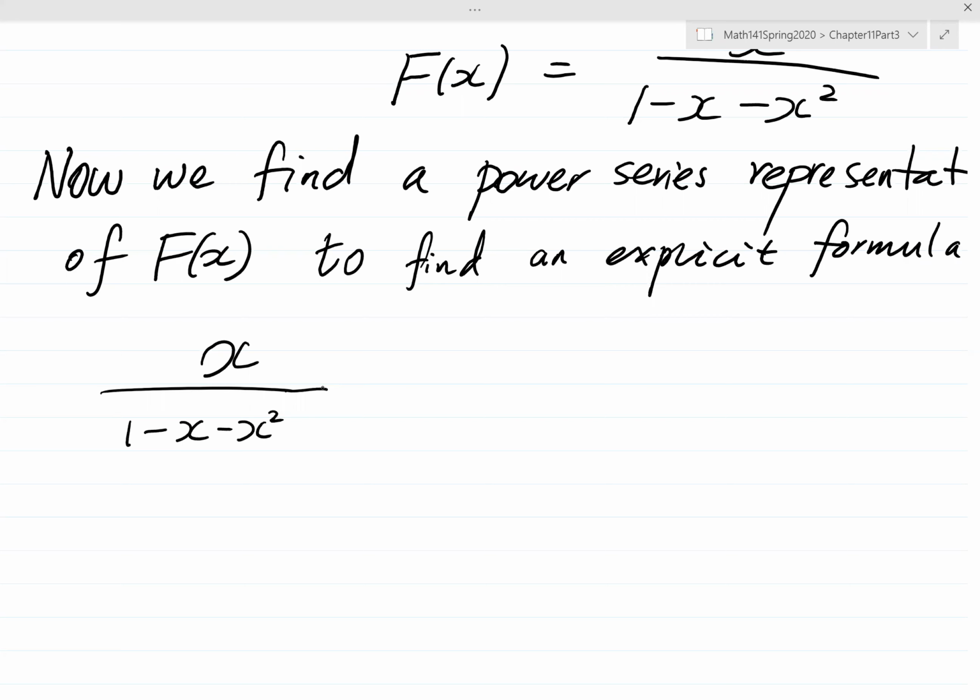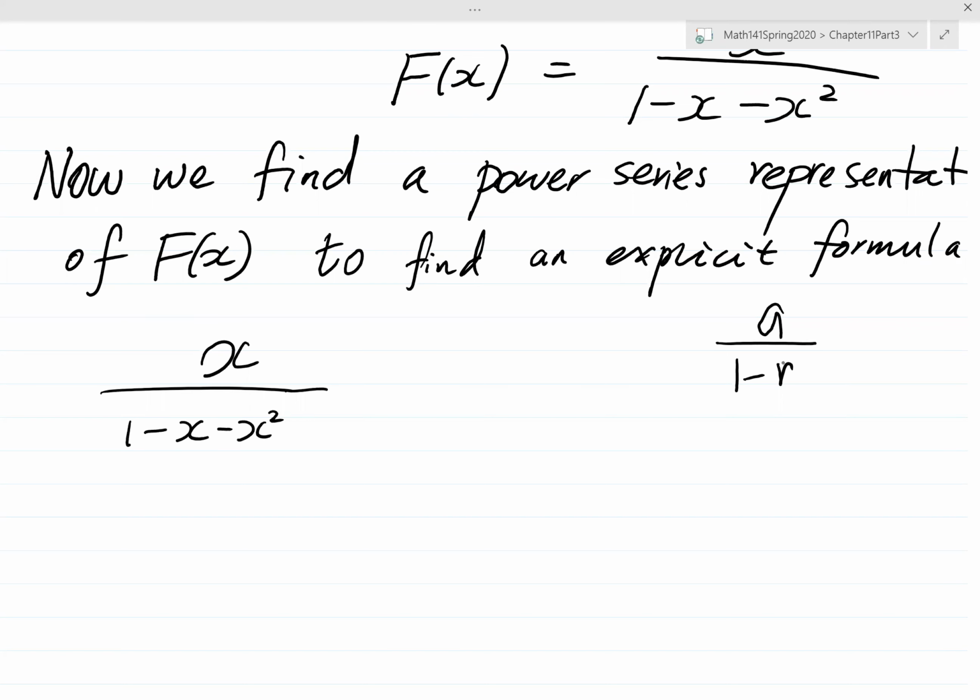Now, if the denominator has two terms, what we usually do is use the geometric series. Remember the geometric series is a over 1 minus r. So usually we choose a proper factor for r and a proper factor for a, so we can get a power series.